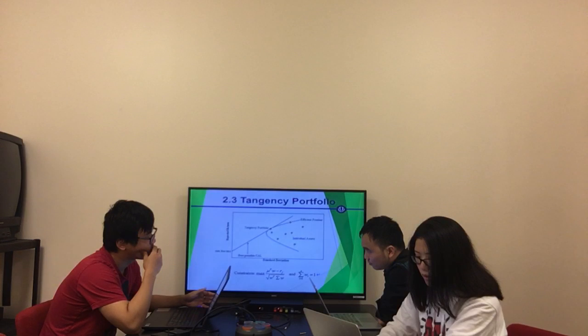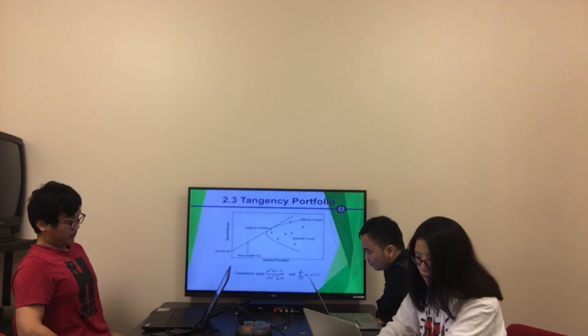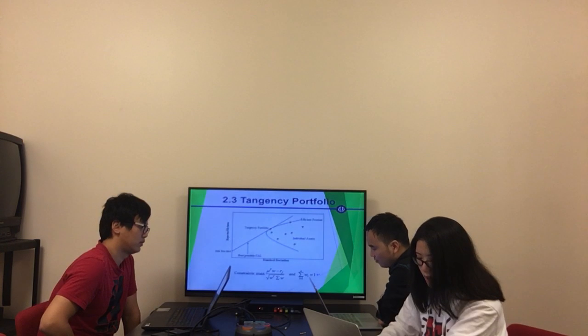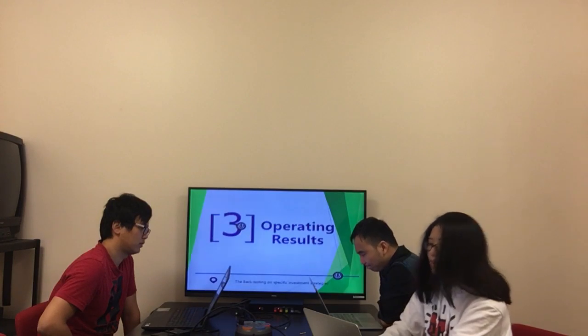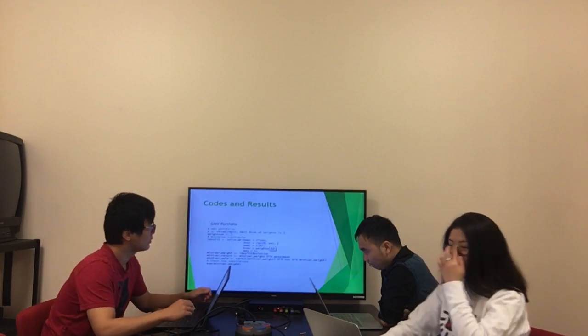From the graph, we know that a contingency portfolio lies on the tangent point of capital market line and an efficient frontier. It makes the portfolio have the largest value of Sharpe ratio, which means that the portfolio has the best risk-adjusted performance. Next, Zoe will talk about our operating results.